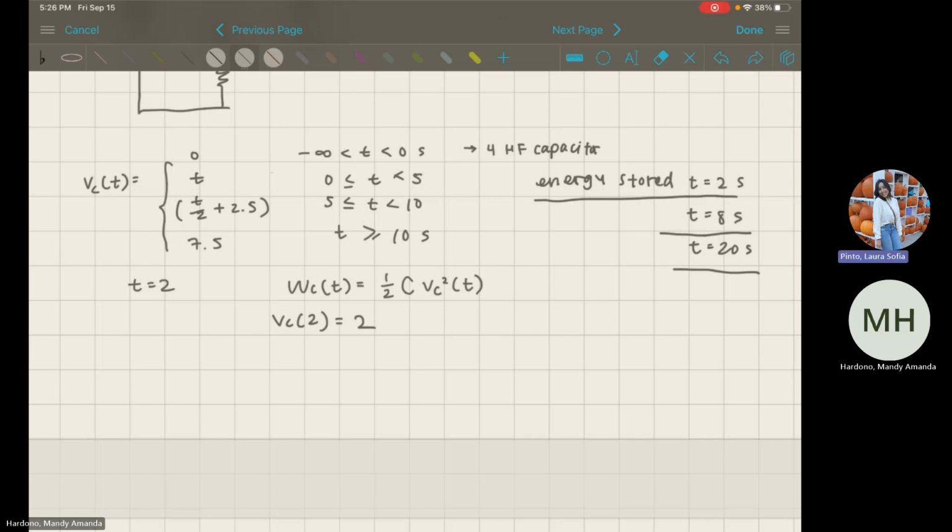And then VC squared is 4. So it's going to be 1/2 times the capacitance, remember, we have 4 microfarads, so 4 times 10 to the power of -6, because micro, times VC squared, 4.